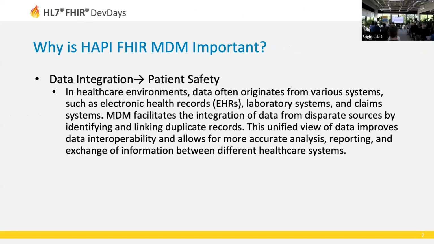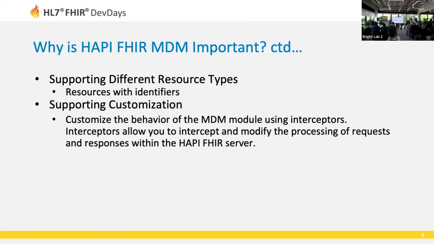And it's very important when it comes to patient safety. Imagine a lady in labor gets admitted to the hospital, and we really have to find her records all over the place, making sure there's no allergy or anything. So that's why it's very important.